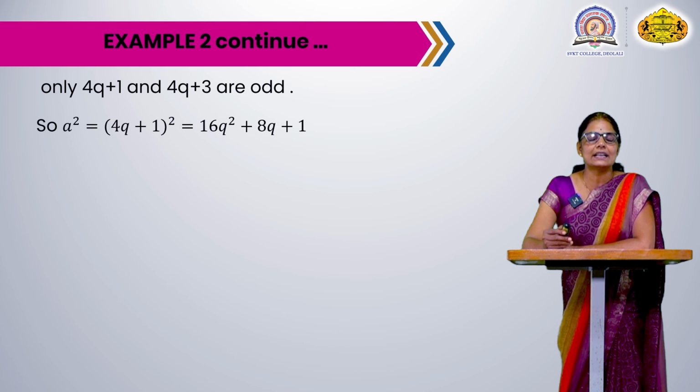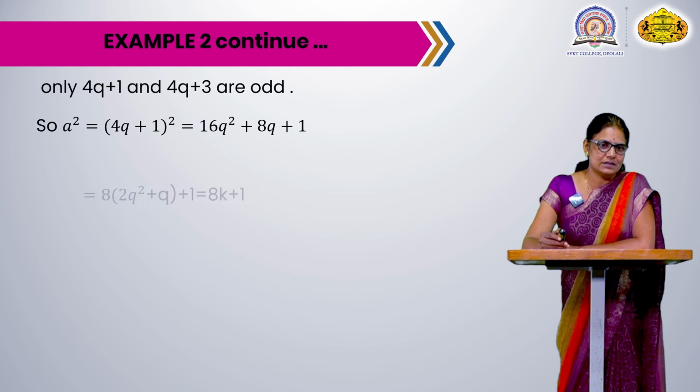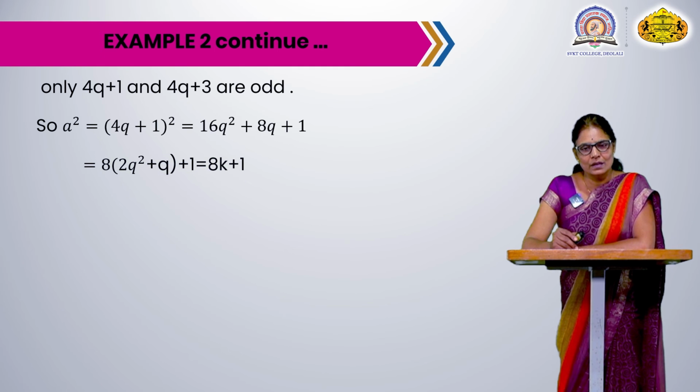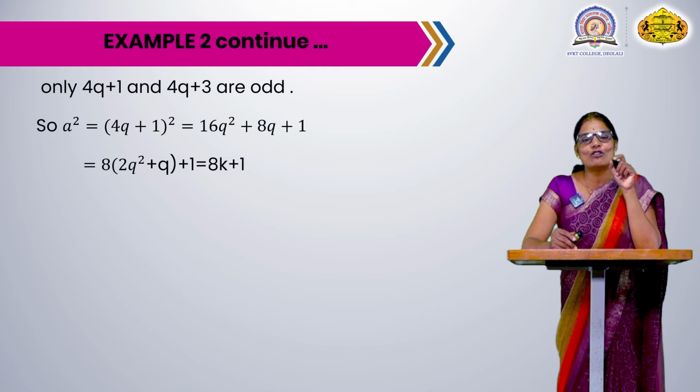So a square: take the first value, (4q plus 1) whole square, and use the (a plus b) whole square formula. The square of the first term is 16q square, plus 2 times the product of the two terms, so it becomes 8q, plus the square of the last one, that is 1. We want to express this in the form of 8k plus 1.